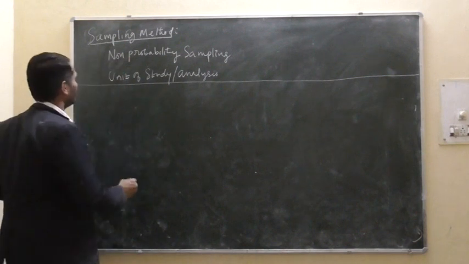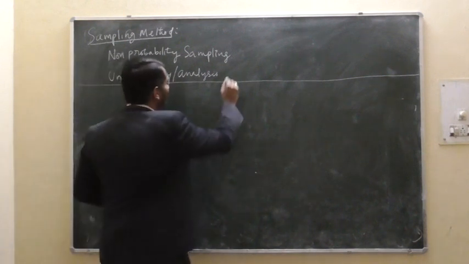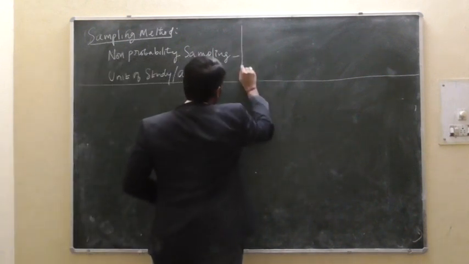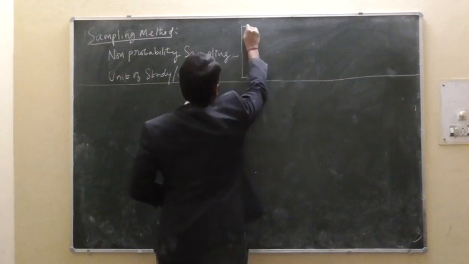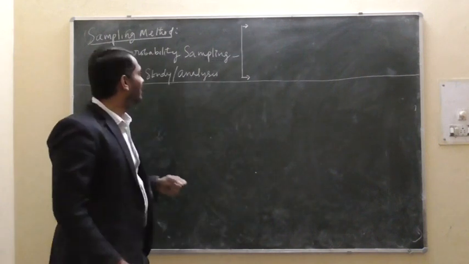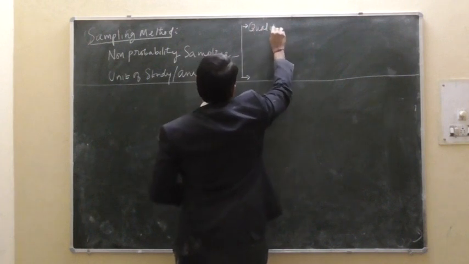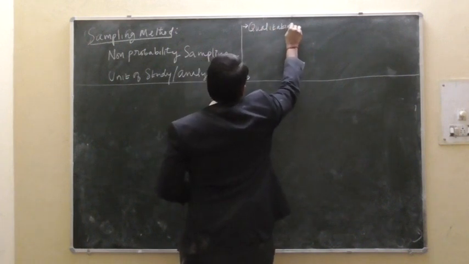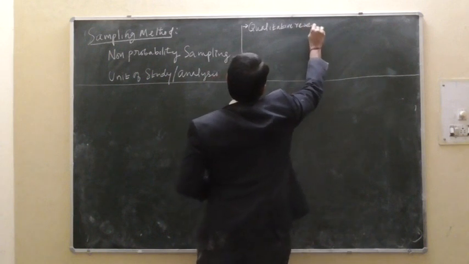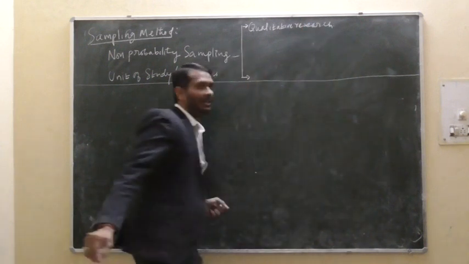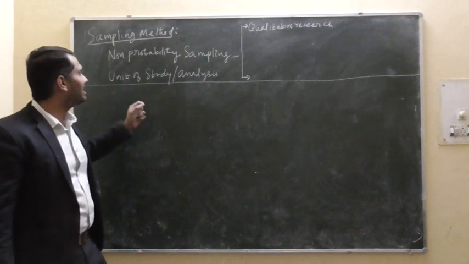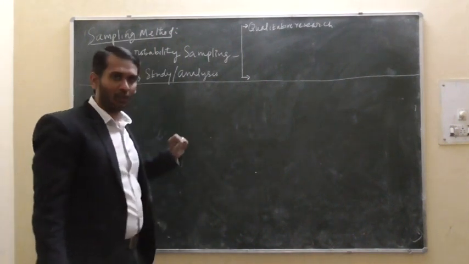The first is non-probability sampling. Basically, non-probability sampling is employed in qualitative research. That doesn't mean that non-probability sampling is not applicable to quantitative research.